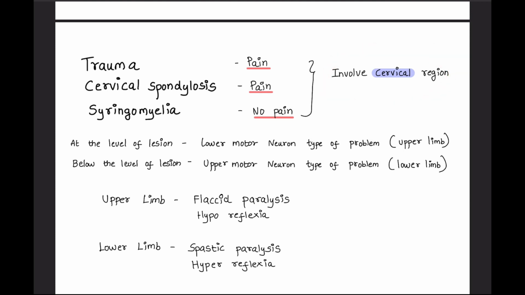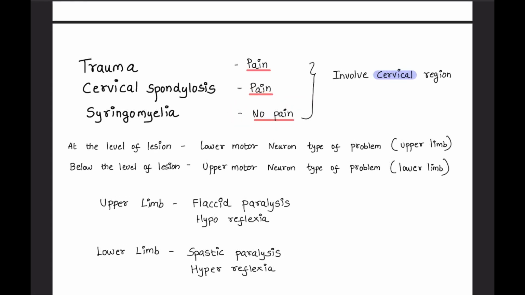The only difference is that in trauma and cervical spondylosis the patient will experience pain, but in the normal dilatations or cavitary lesions in the spinal canal there is no pain, and in Syringomyelia, at the level of the lesion there are lower motor neuron type of problems concerned with the upper limbs.